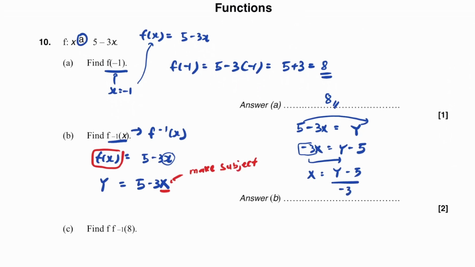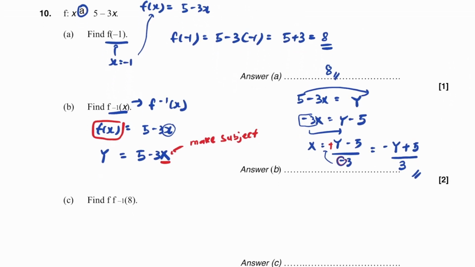Remember, the negative here, you can also rewrite it in this form: negative y plus 5 over 3. At last you remove the negative sign from the denominator. So this should be your final answer.